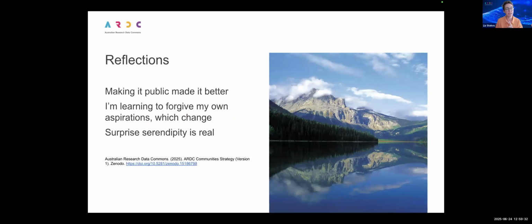I'd like to get to some reflections, illustrated by this beautiful reflective picture across the landscape of my knowledge. And the first one was that making it public actually made it better.